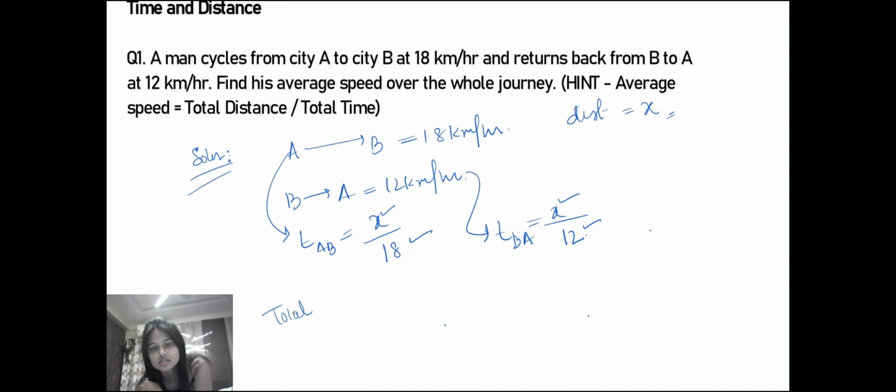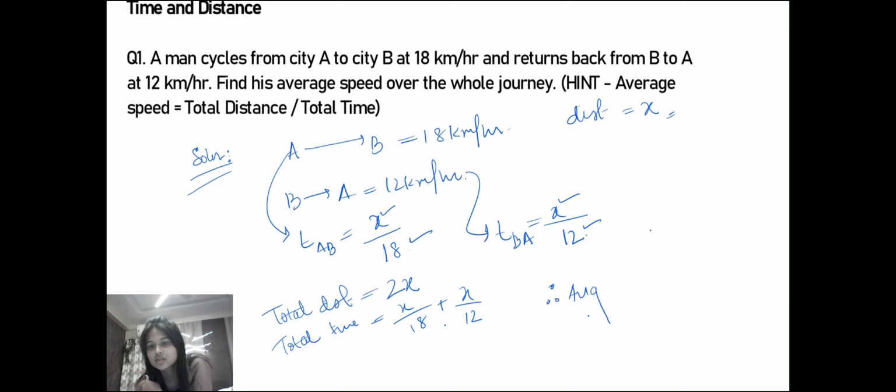Therefore total distance is 2x because going from A to B and coming from B to A. And total time taken, we have already figured out, is x by 18 plus x by 12.